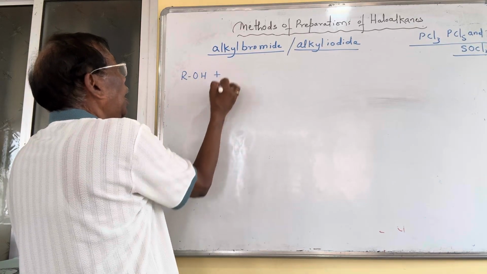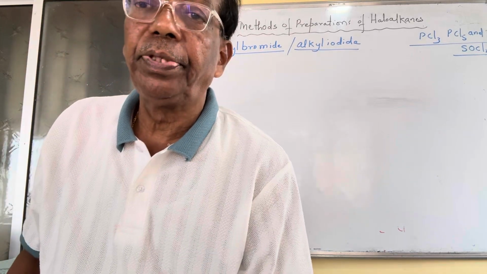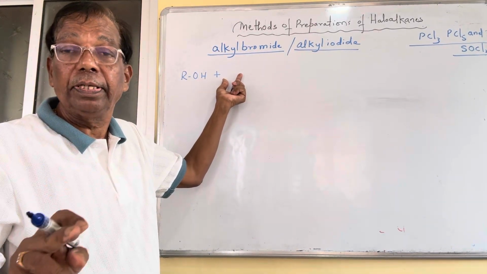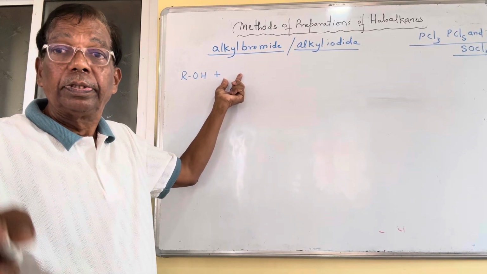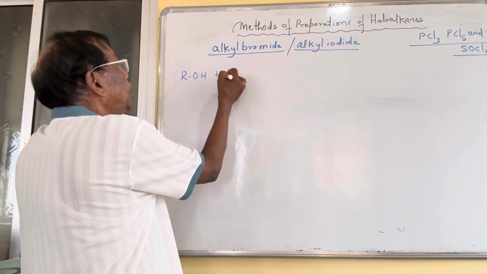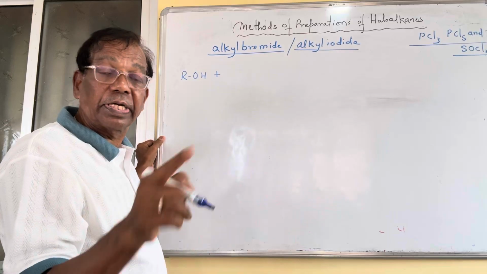Suppose I can't use here PBr3 or PI3. Remember, PBr3 and PI3, they are unstable, decomposed to give phosphorus and iodine back. So therefore, instead of that, it is generated during the reaction, that is called as in situ.